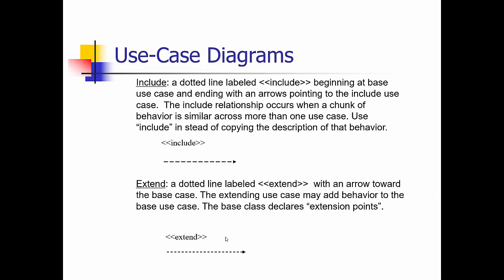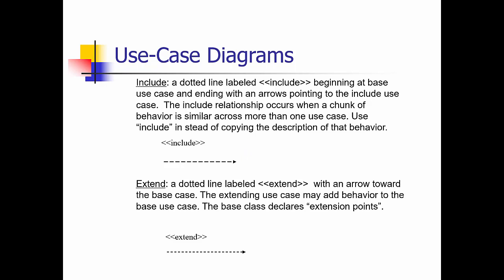You have specialized associations, so-called include and extend. And we'll look at this in the next diagram. A dotted line labeled include, and they need to be labeled, begins from the main use case, the base use case. The base use case is at this end of the include, and the using use case, that is the use case that it uses, is at this end.